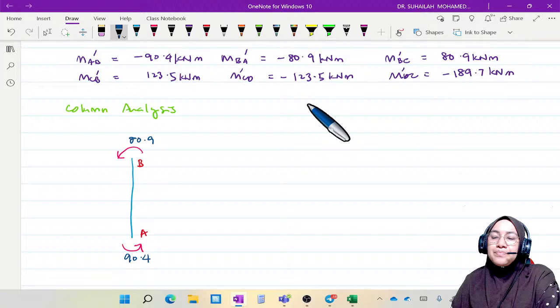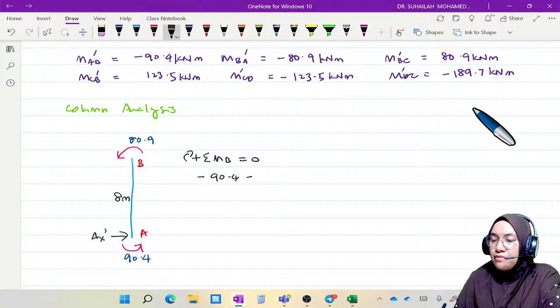So we have the force reaction AX prime. This is 8 meter, so we apply total moment at B equal to 0. So negative 90.4 minus 80.9 minus 8AX equal to 0.